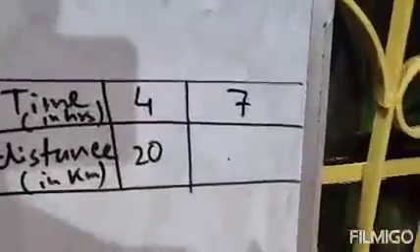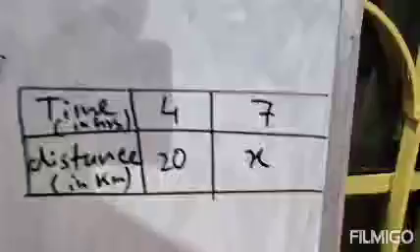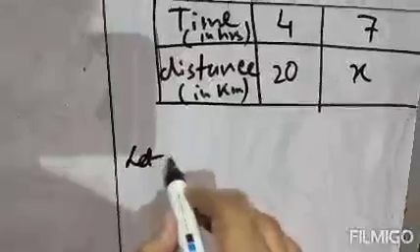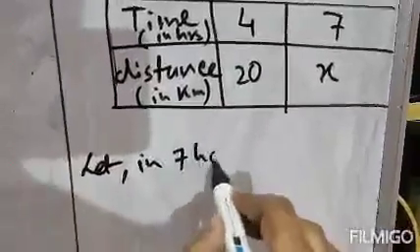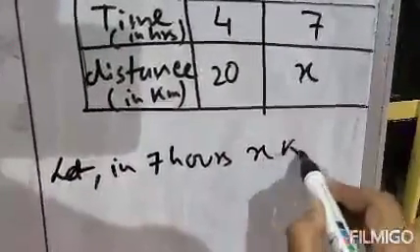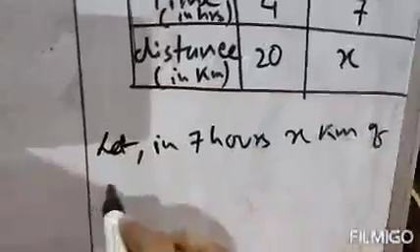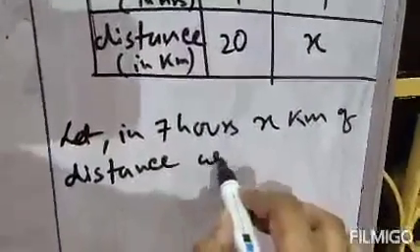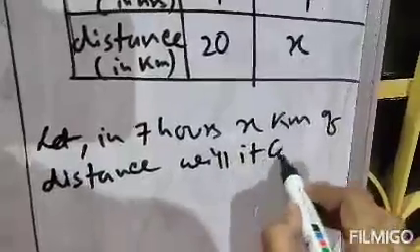So in 7 hours how much distance will it cover? So take x. That means in 7 hours let the distance covered be x kilometers. So just write down: let x kilometers of distance be covered in 7 hours.